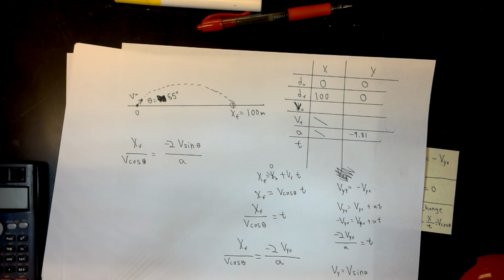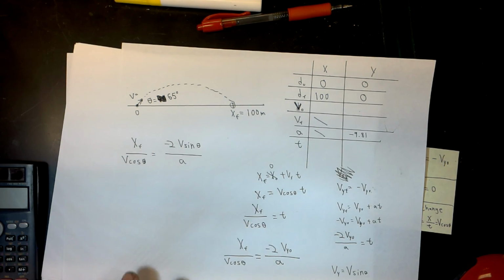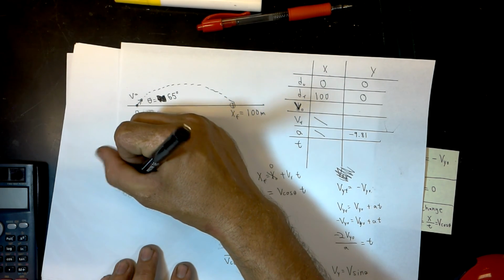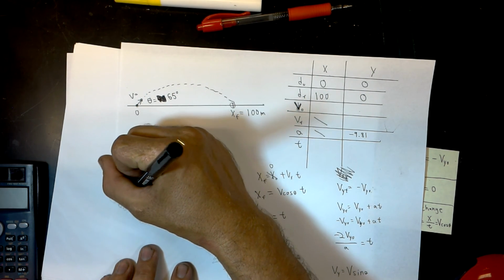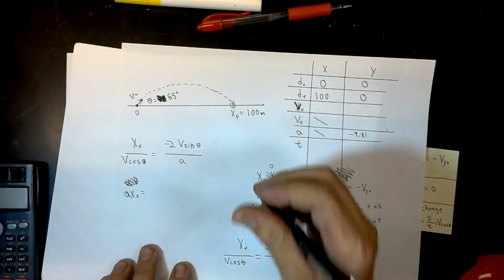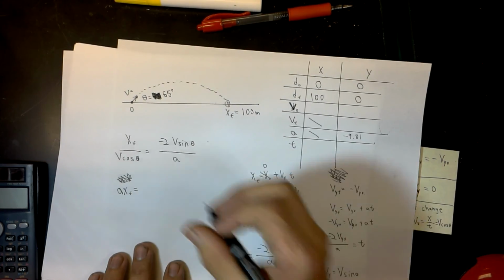Did somebody at home just say you should cross multiply? That's a good idea. Yes, cross multiplying would work here. A multiplied by X final is equal to, this is going to look slightly similar to equation 4, but it is not equation 4.